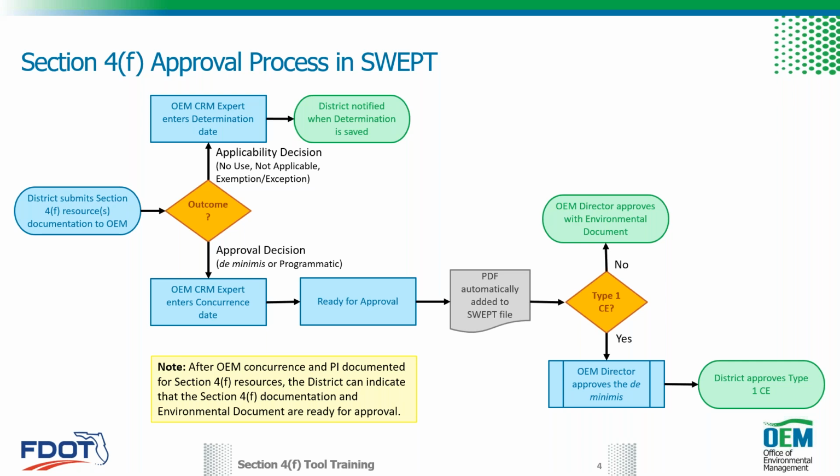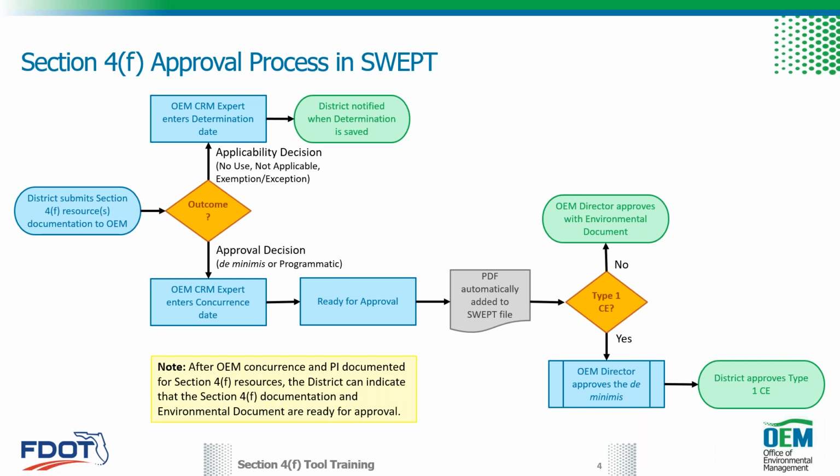This entire process now is going to take place within SWEPT. The documentation that you generate in the tool can be downloaded as a separate PDF with just your 4F information, and it also can be automatically uploaded into your environmental document, and we will show you what the documentation package looks like.